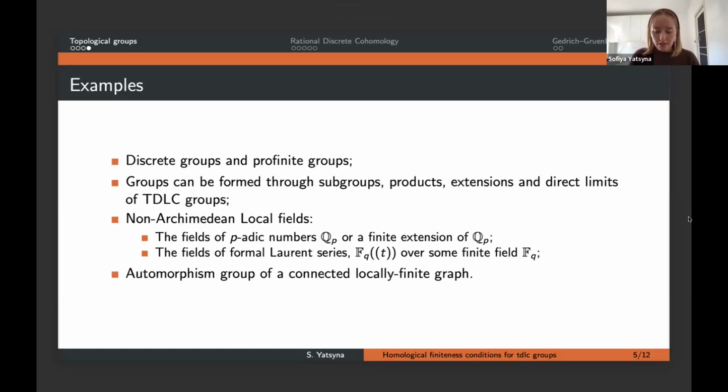So it's a nice kind of visual example. I won't show it here, sadly, because I don't think I have the time, but I think it's a nice exercise for everyone to have a look at, if you want to construct it and see how the topology makes it a totally disconnected locally compact group. I'll also abbreviate totally disconnected locally compact groups to TDLC groups because it's kind of a mouthful.